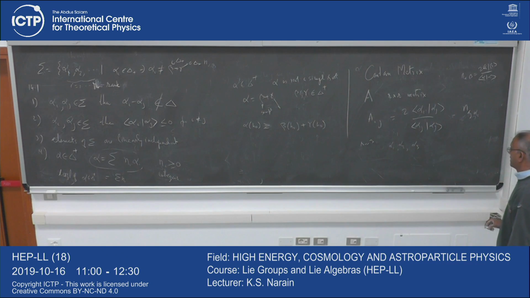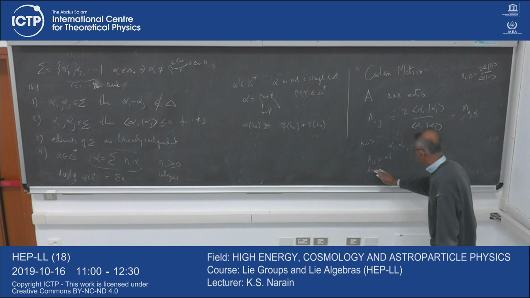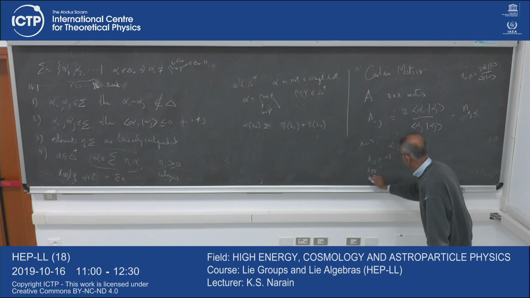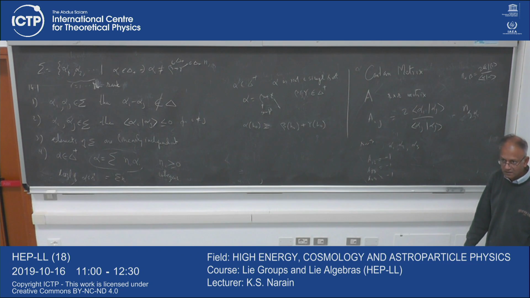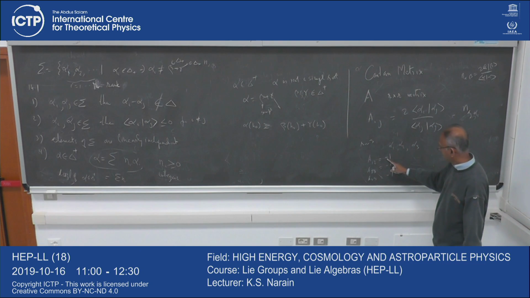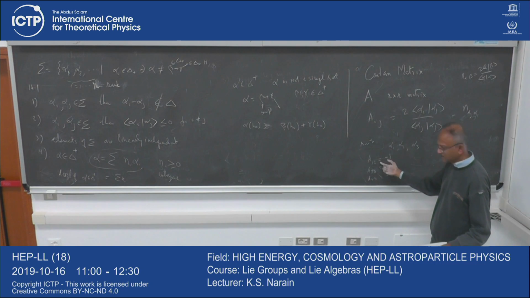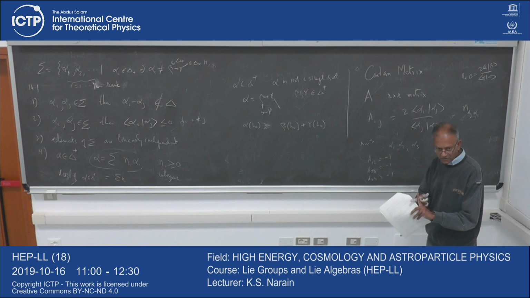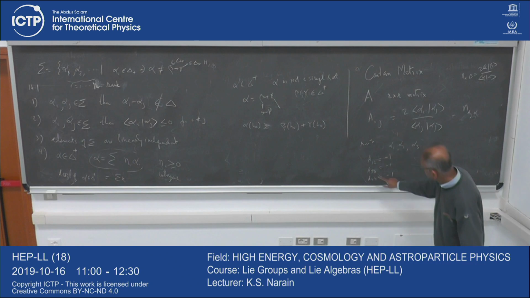And let's suppose I specify that A12, A13, and A23, all of them, are minus 1. Then what does it mean? Remember, minus 1 meant 120 degrees. First of all, the lengths squared are equal, and the angle between 1 and 2 is 120 degrees. Similarly between 1 and 3, again the same thing.